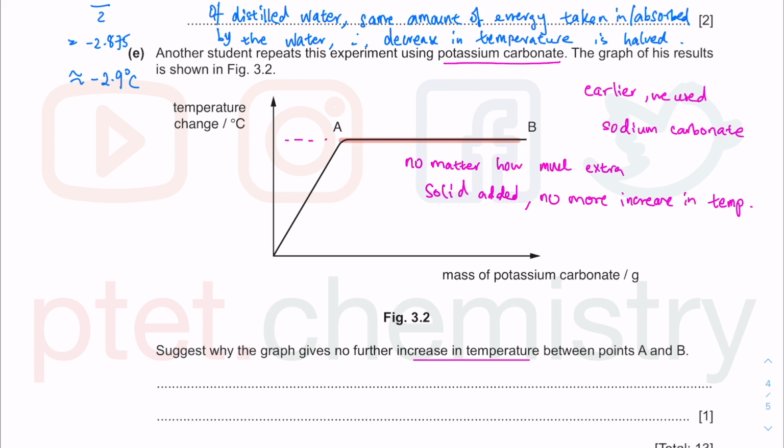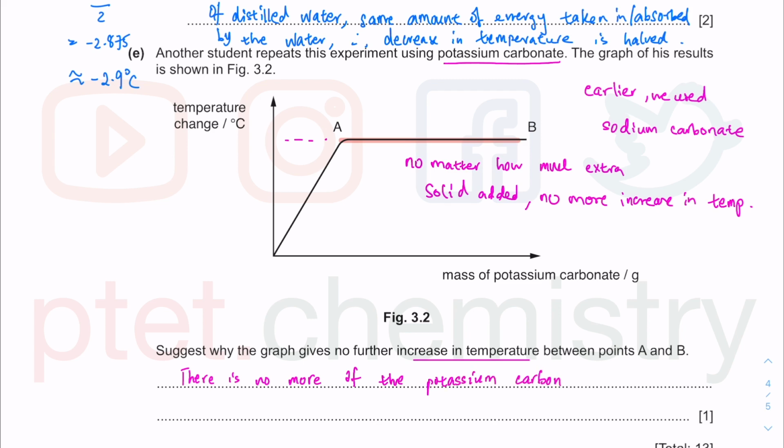So since this experiment is about dissolving the solid in the water, if the solid doesn't want to dissolve anymore, therefore there will be no more temperature change. So it's very clear that at this point no more temperature change indicates that there is no more solid dissolving. So no more of the solid, potassium carbonate, can dissolve.